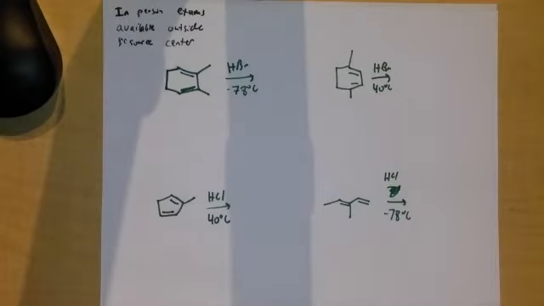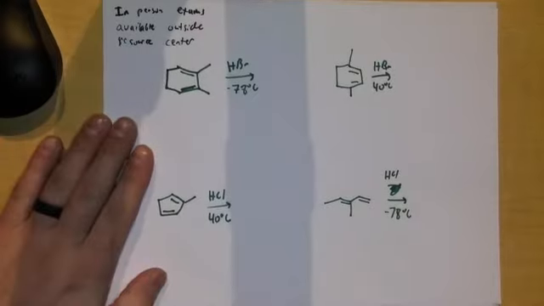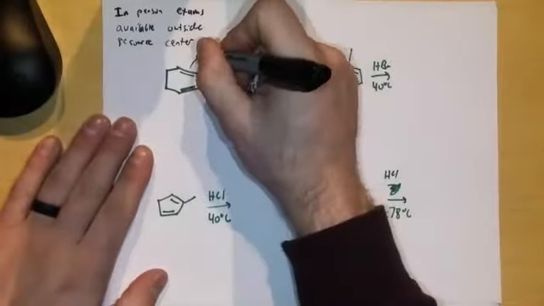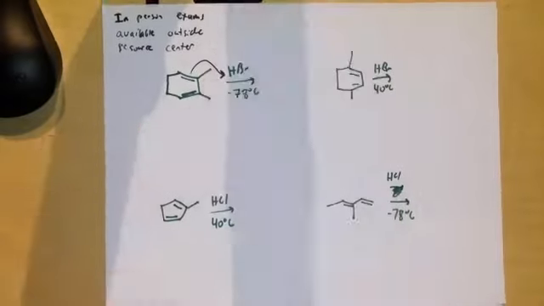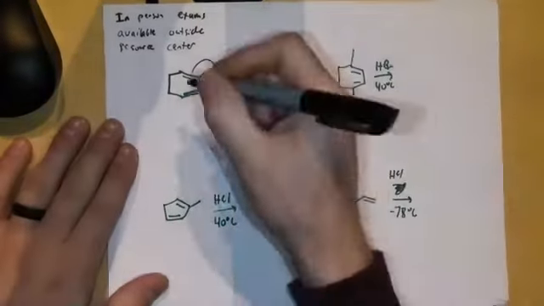All right, let's get started. For this first one, this is pretty symmetrical, so it's not really going to make a difference which one of the two double bonds we protonate. We are always going to protonate, so it gives us resonance. But I'm going to pick the top one, so let's have this double bond attack this Br here.